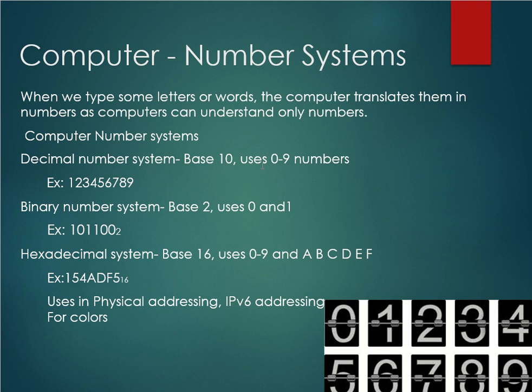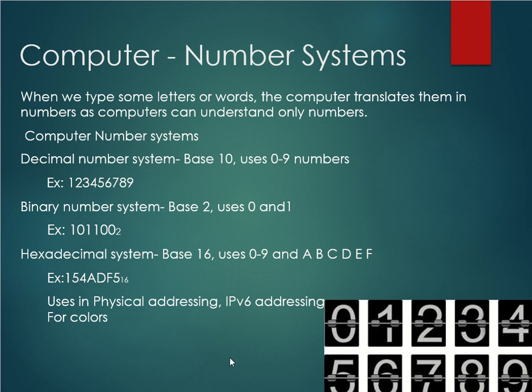Base 10 uses the numbers 0 to 9 to represent a number like this. And a computer uses the binary number system. Also be familiar with the number system called hexadecimal. The base is 16, using the numbers from 0 to 9, and 10 to 15 are represented by the letters A, B, C, D, E, F, like this.